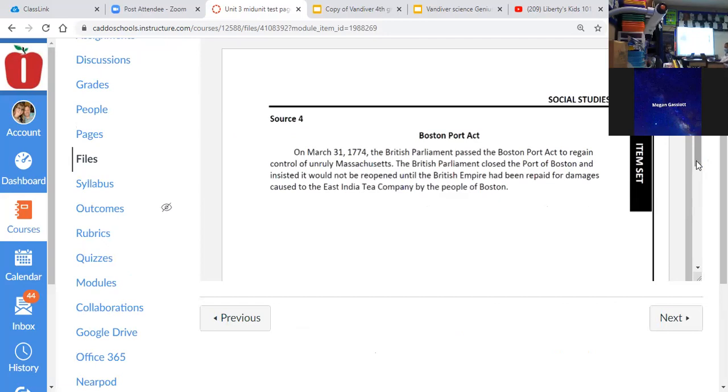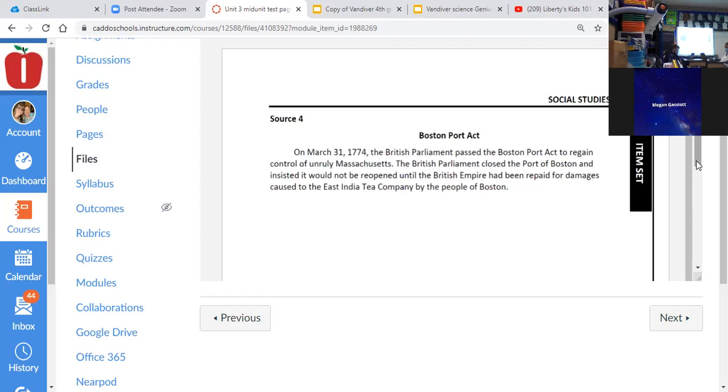On March 31st, 1774, the British Parliament passed the Boston Port Act to regain control of unruly Massachusetts. The British Parliament closed the port of Boston and insisted it would not be reopened until the British Empire had been repaid for damages caused to the East India Tea Company by the people of Boston.